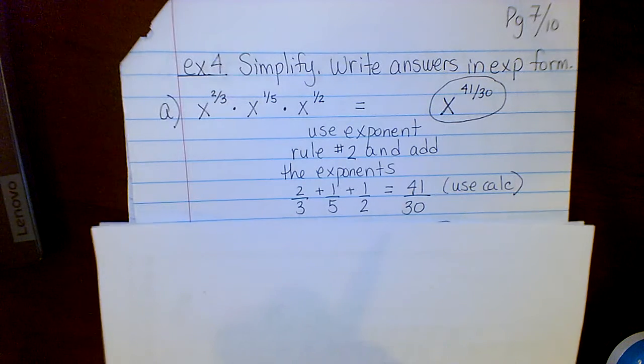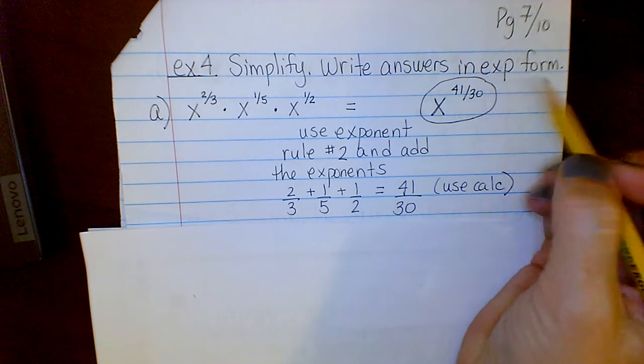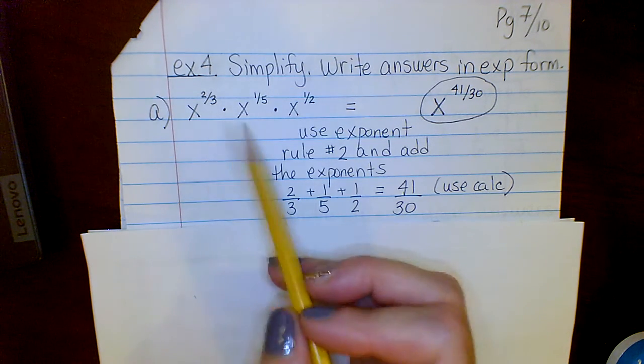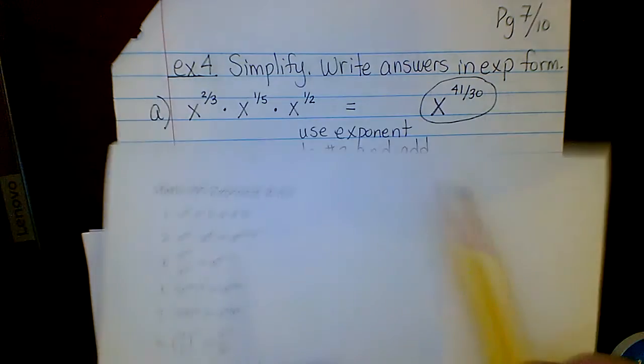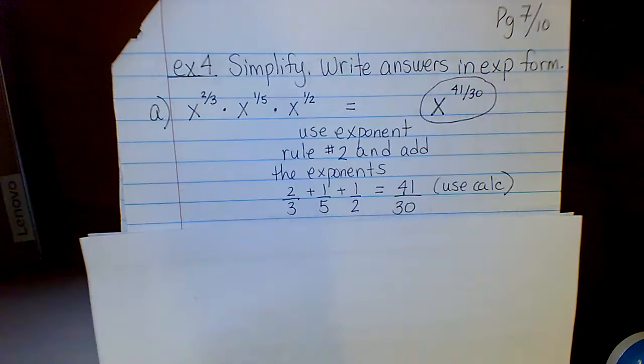So let's do some that are a little bit longer. So we're going to simplify and write our answers in exponent form. I know I abbreviated that because I started running out of space. But exponent form as opposed to radical form. All right, so I'm multiplying with the same base. So I'm going to use rule number 2, or property number 2 here. Multiply with the same base, you add the exponents.